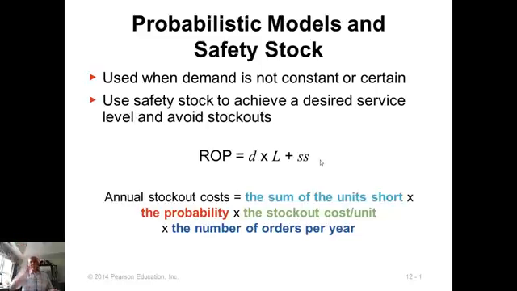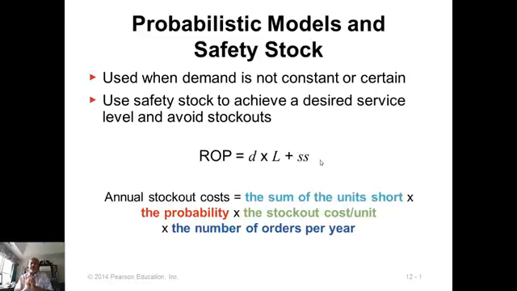So the larger the service level, the larger the required safety stock. So two things: the standard deviation of demand, and the service level that you need. Those determine how big a safety stock we need. We're going to now look at several scenarios to determine how big the safety stock should be.